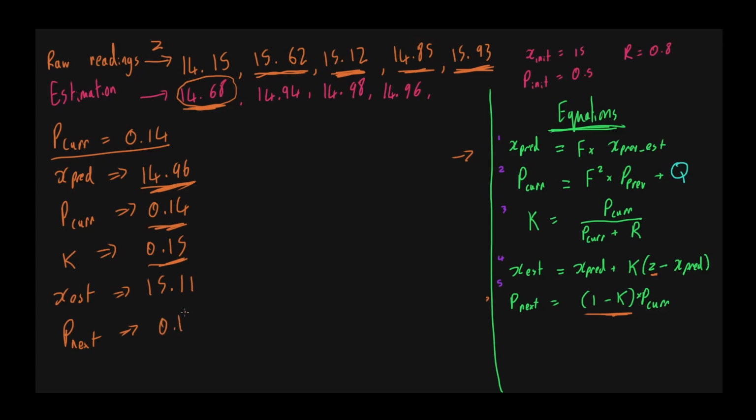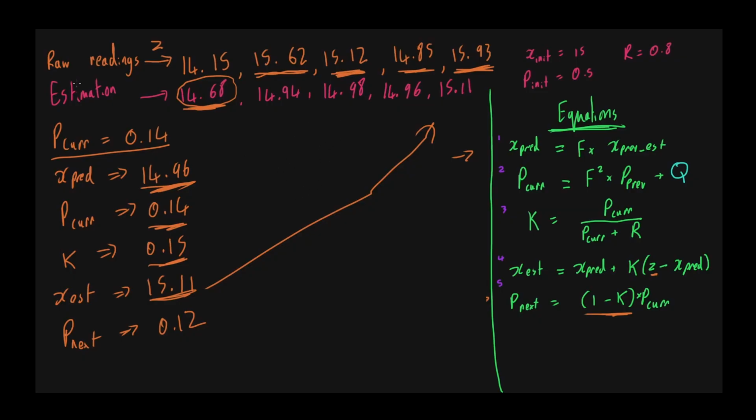I put that as 0.12. We're just storing this value here, and the 15.11 goes into this array here. So these are all the calculations required for a very simple constant model Kalman filter for a single variable. Hopefully that all made sense.